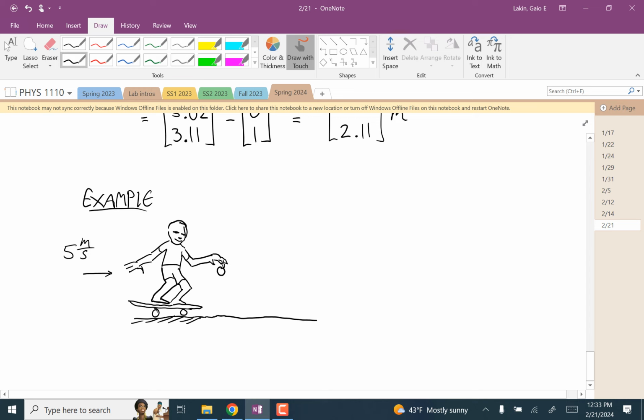And what you're trying to accomplish here is there's a cup on the floor, okay? That has a height of 0.15 meters.